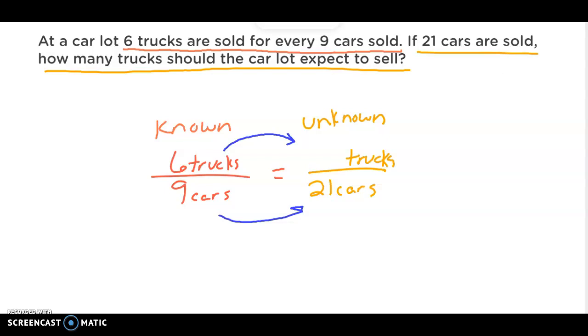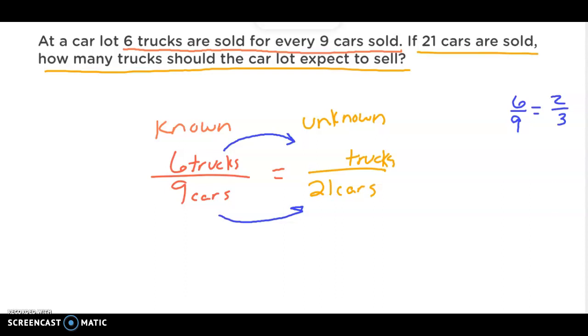But there's a cool thing about this ratio right here. 6/9 is a ratio, it's a fraction. And if I were to take 6/9 and write it over here, couldn't we simplify that? What does 6/9 reduce or simplify to? If I divide them both by 3, I'm going to get 2/3.